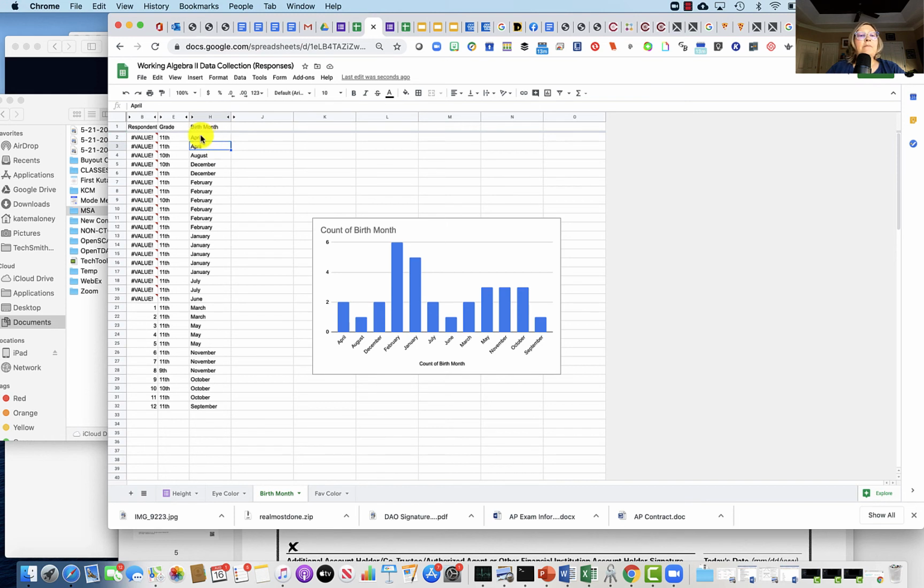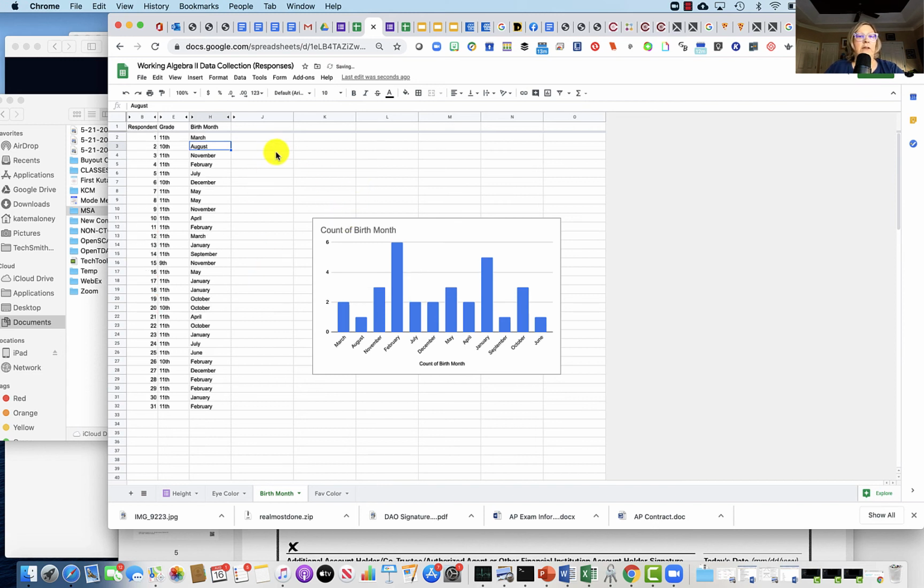But so this sorted it alphabetically, which is actually not that great. I was trying to get one where it went from January to December. So I'm going to challenge you to figure that out. But yeah, that doesn't really show me any more than the other way. However, I think I'll Control-Z that back so I can fix the respondent numbers before I hand this out to you.